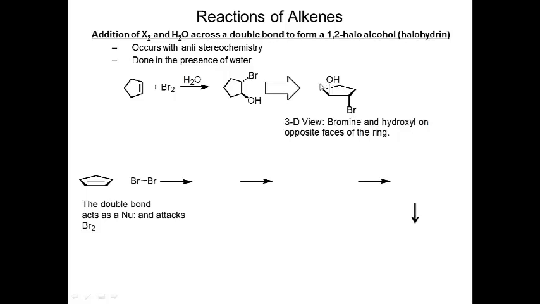Again, this also occurs with trans or anti-stereochemistry, where Br and OH are never on the same side. So let's look at what happens here. Again, the first part of this mechanism is identical to what we just saw, where the double bond attacks bromine and you lose bromide. Then that collapses and you form the bromonium ion intermediate.